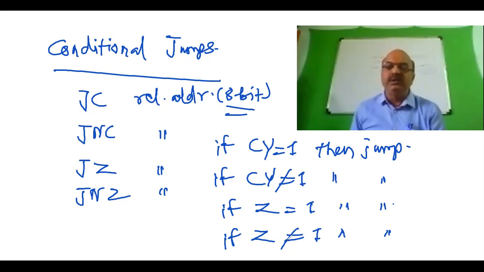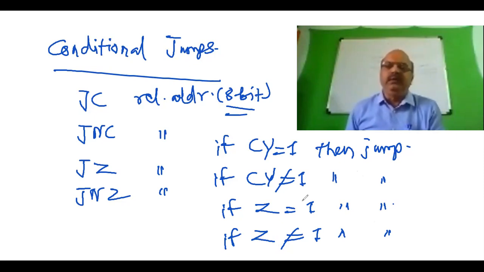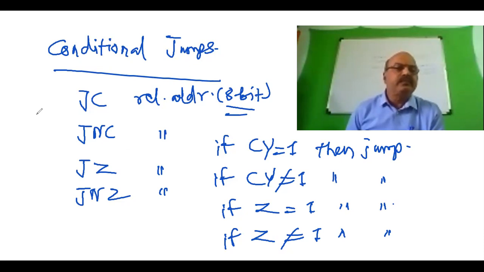If the result is not 0, then jump. So we are supporting both the types of instructions: if that condition occurs or if it doesn't occur. All these are some of the conditional jump instructions. We also see a few more conditional jump instructions.